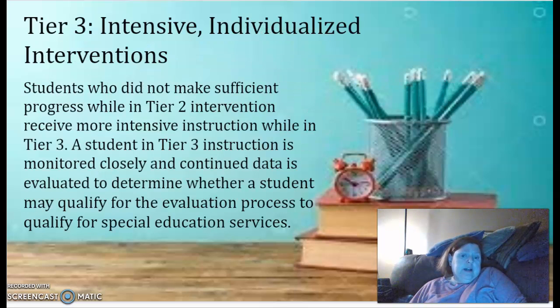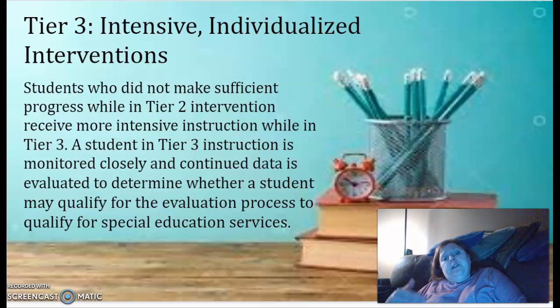And of course, again, Tier 3 is students who are in that very lowest percentage of the classroom for scoring, depending on what the criteria is. And it is for students when they did not make sufficient progress in Tier 2 as well.